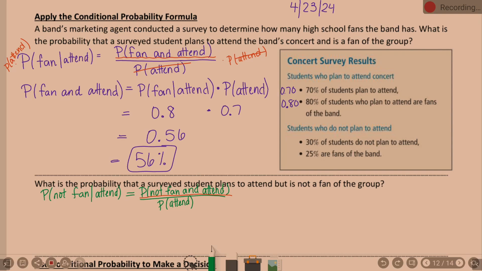So now I'm going to have the probability that we're not a fan and attended, and that's going to be equal to the conditional probability from the left, the probability of not a fan given they attended, times my denominator, the probability of attending.